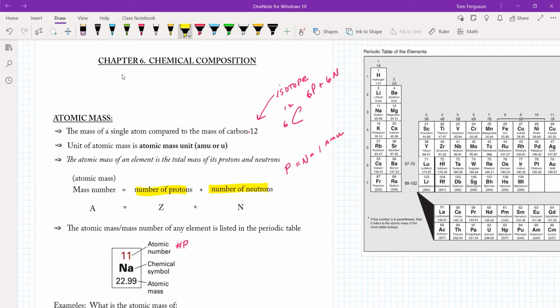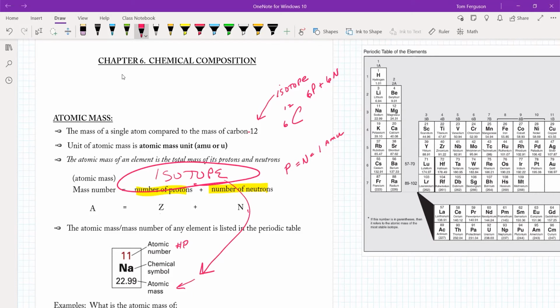So we're looking at mass numbers, looking at protons and neutrons. The mass number or the atomic mass of a particular isotope has to do with the number of protons and neutrons added together. And that'll give us an atomic mass.